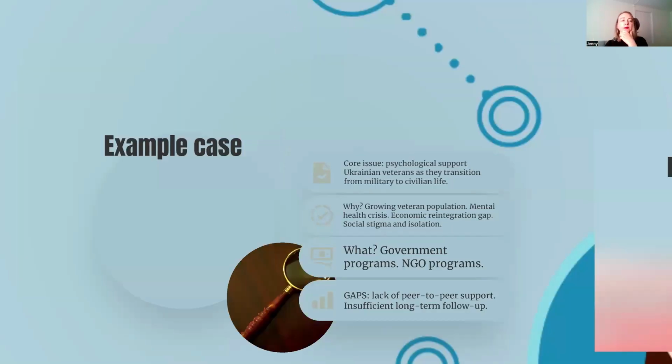Here is another example case: psychological support for Ukrainian veterans. I know that now it's a big issue in Ukraine, and there is a lot of money available out there, both for tech and non-tech, which tech can apply for.